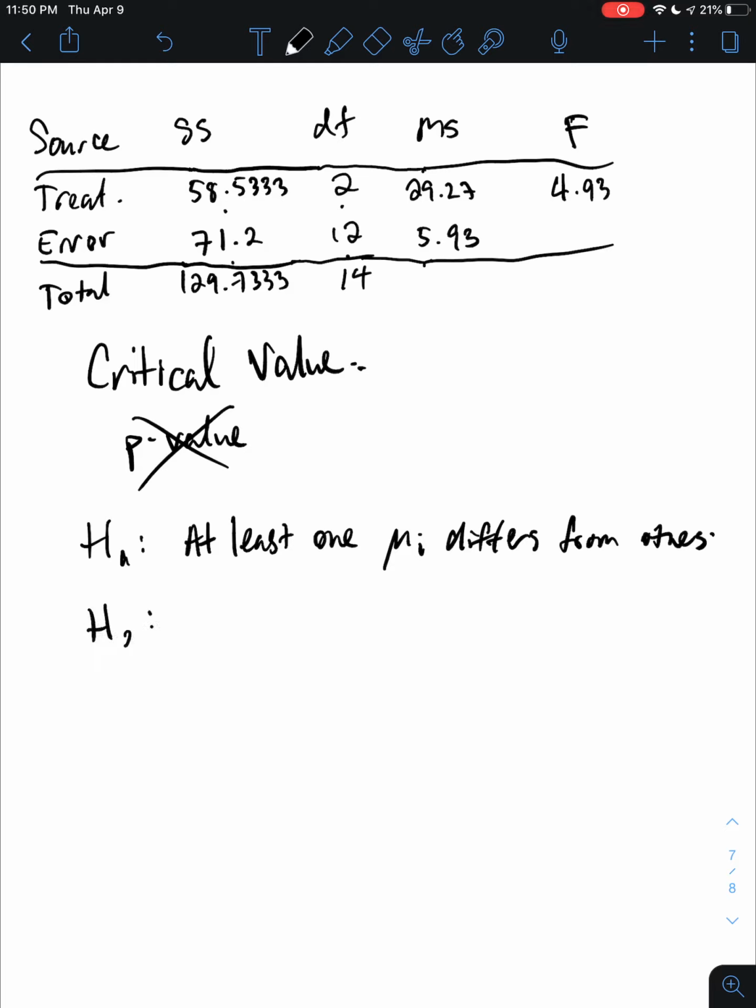Our null hypothesis is that all the mu i's are the same. That looks kind of messy. I'm going to fix that. There. That all the mu i's are the same.